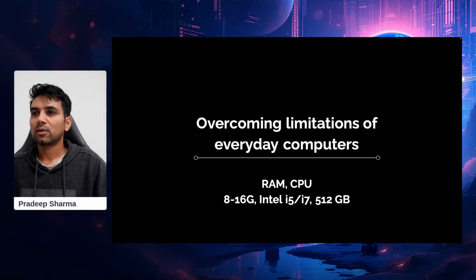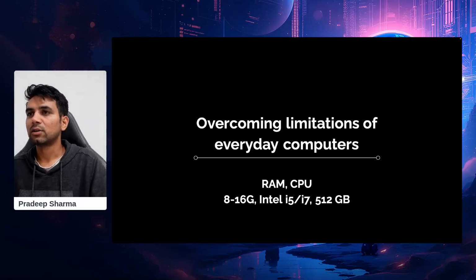So number one thing, as I said, because we are building this for the majority, people who come from areas where you do not have the luxury of network connectivity or computation.